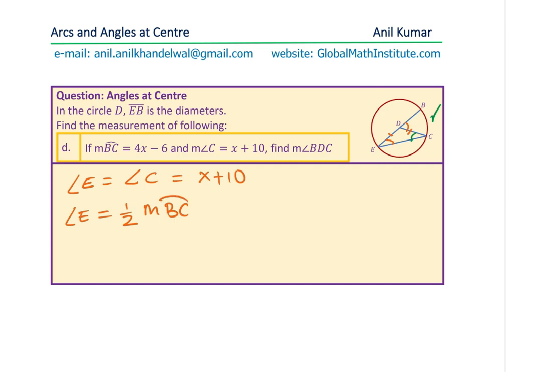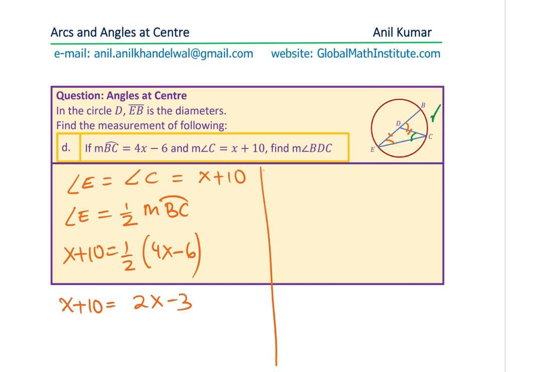So that means x plus 10 equals half of the measurement of BC, which is 4x minus 6. Is that clear to you? So we do get an equation. We can simplify this, and half of 4x minus 6 is 2x minus 3. Now bringing the variables together, we can actually solve this equation.